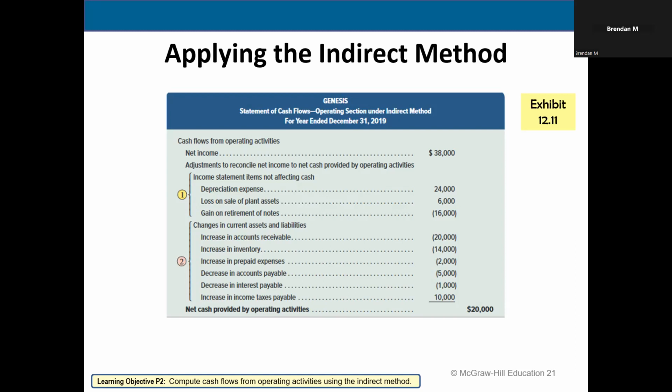The reason we have to add back a loss on a sale of plant assets is because that loss has been recorded as part of the $38,000 in net income here. That loss has already been recorded, so we have to move it into the operating section to straighten out the net income.